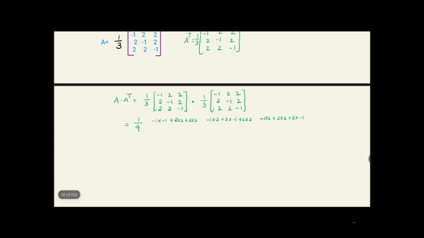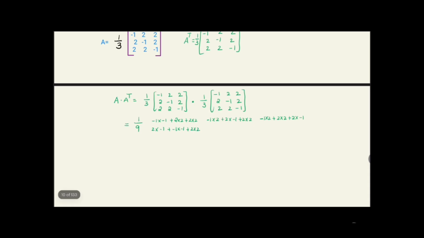Now I should multiply the second row. Multiply second row with first column, then second row with second column, and second row with third column. That is how the multiplication takes place in matrices. So second row, first column: 2 into minus 1 plus minus 1 into minus 1 plus 2 into 2.